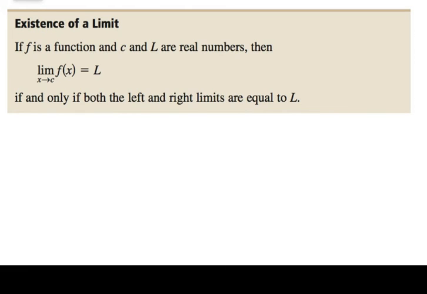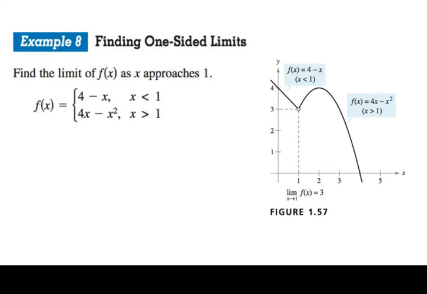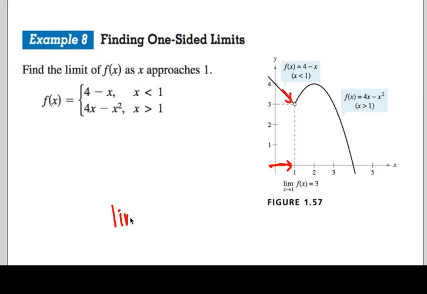Now, the only way a limit exists is if the left limit equals the right limit. So you have to test the limit coming from the left and the limit coming from the right and make sure that they are equal. So let's look at this graph. The limit from the left of 1 looks like it's headed towards 3. So the limit as x approaches 1 from the left of f of x is equal to 3.